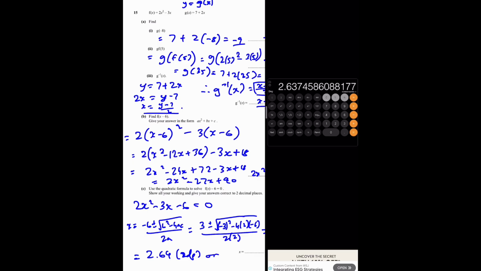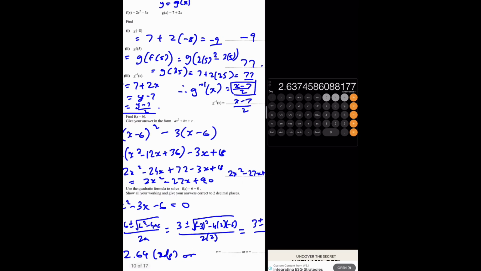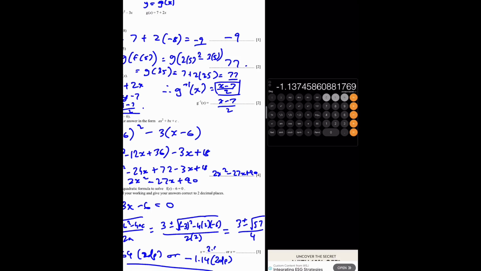And what about the second one? Now we just do a negative of root 57. And of course now we add 3, divide by 4, we get minus 1.14 to 2 decimal places. And these will be our answers. So 2.64 or minus 1.14.